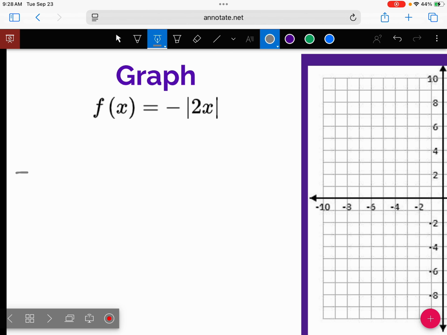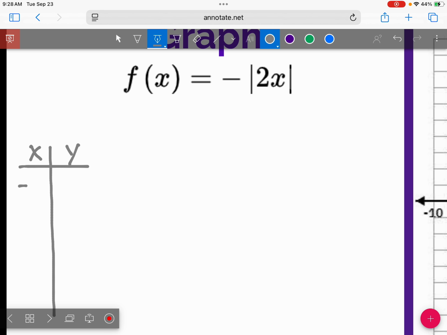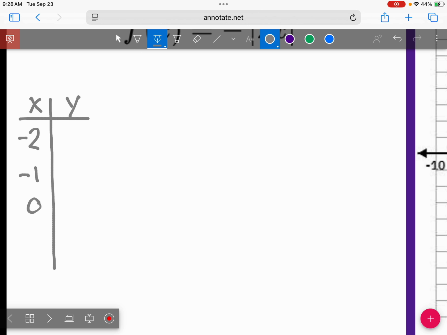So again, we base everything off of our parent table. I see an absolute value, so my very first step is going to be to write down my parent table. I know I'm going to need it. So the second I see absolute value bars, I write down my absolute value parent table. That's -2, -1, 0, 1, and 2, with our 2, 1, 0, 1, 2.